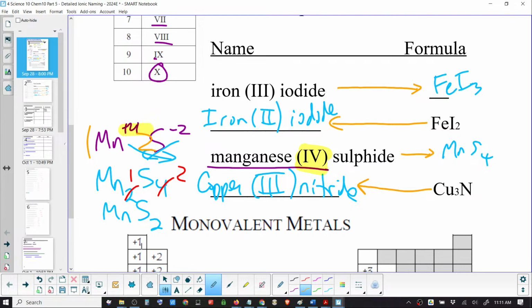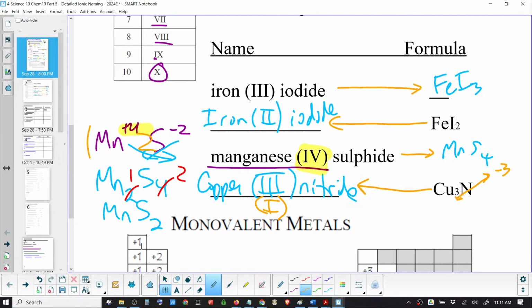Now, for this one, yes? It's copper 1. And what we're doing, the shortcut is crisscrossing, right? So here, and this is where I think it gets picked up in grade 9, is that everybody sees that 3 and they go, oh, it's to do with the copper. Sure, but it's the number, not the charge. Uncrisscross. Minus 3.